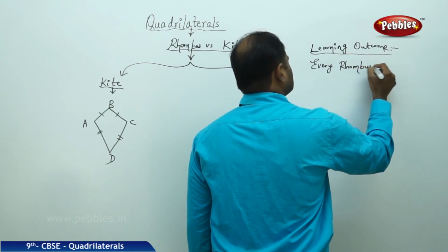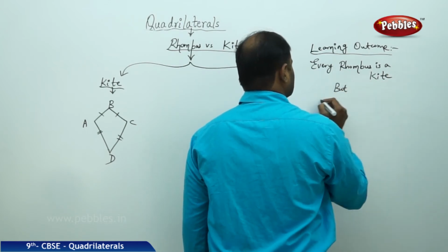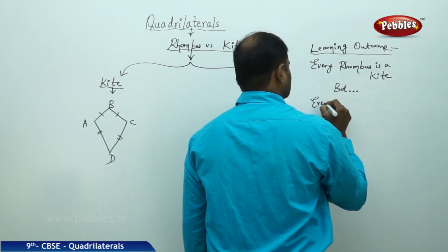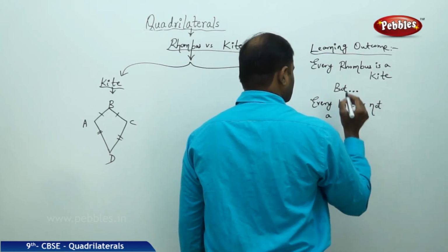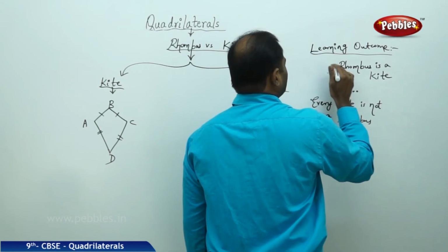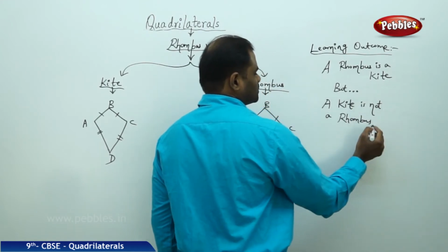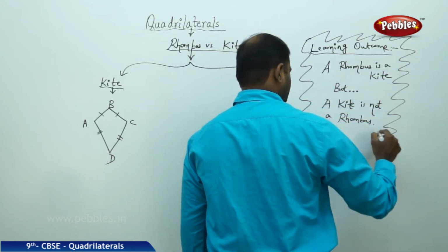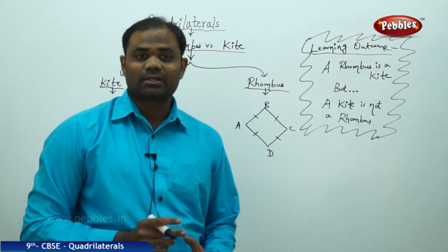So my learning outcome comes out to be: every rhombus is a kite, but every kite is not. Or I can say a rhombus is a kite, but a kite is not a rhombus, is how I understand the relation between rhombus and kite.